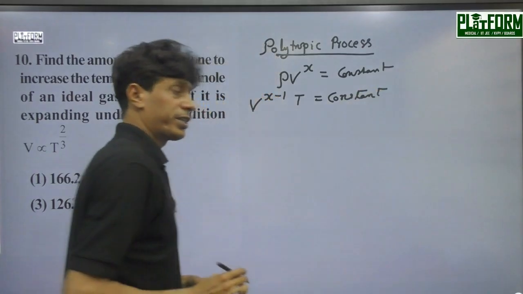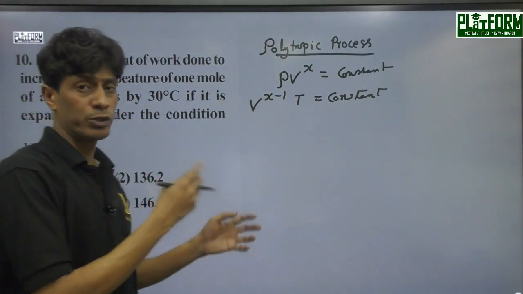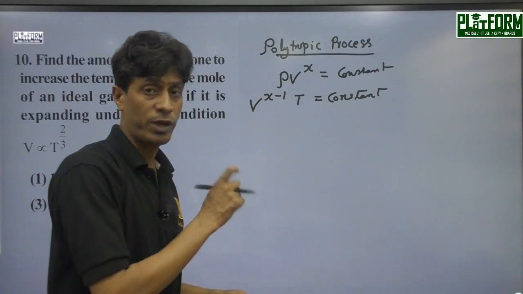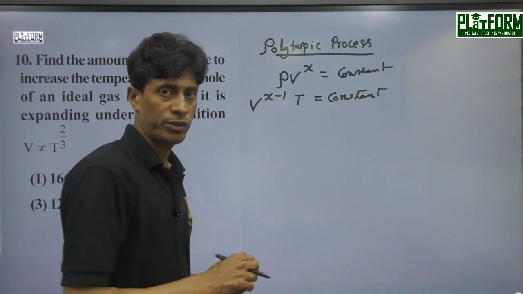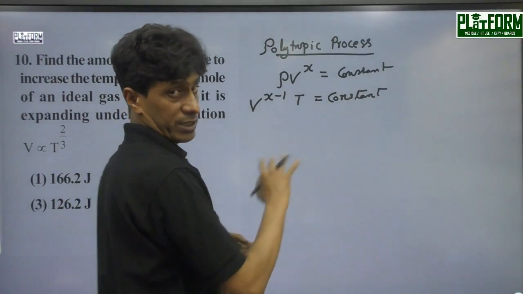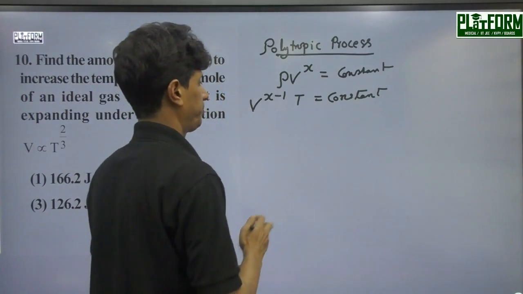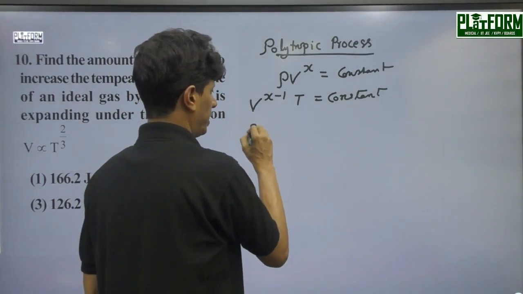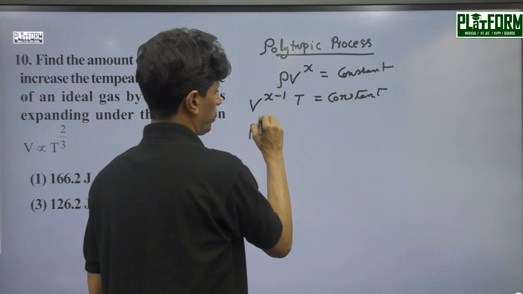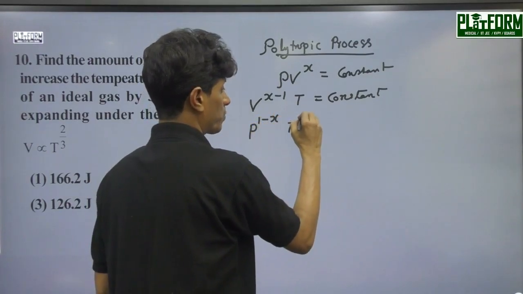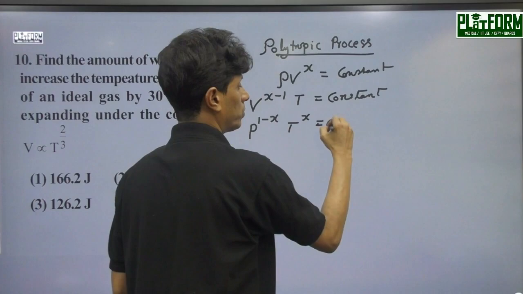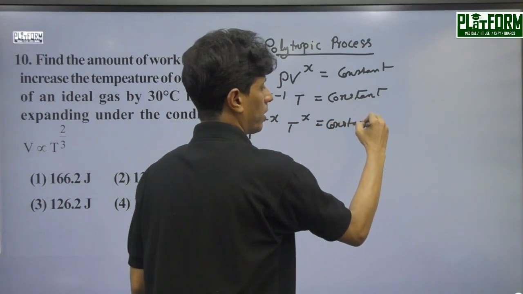by simple deduction, though it is not necessary to reduce this equation, you just have to keep this equation in your practice session: P to the power 1 minus x, T to the power x equals constant.